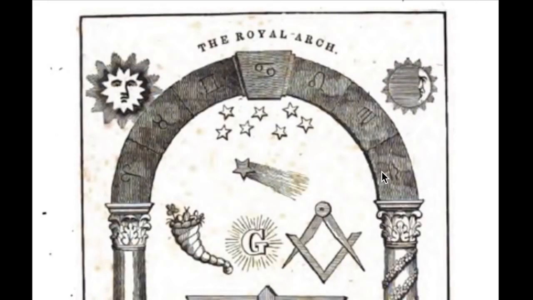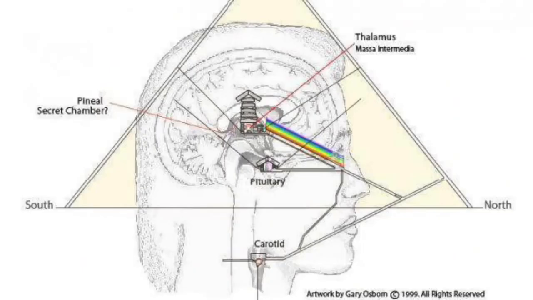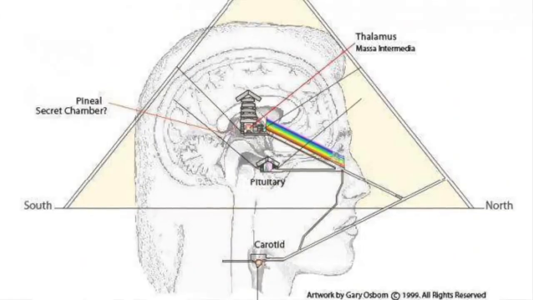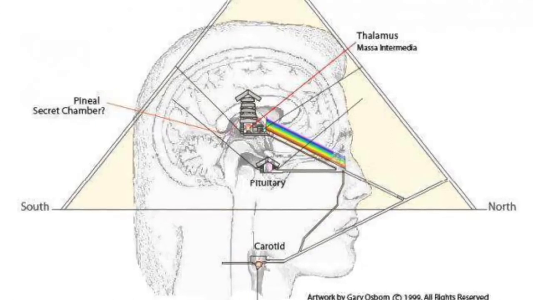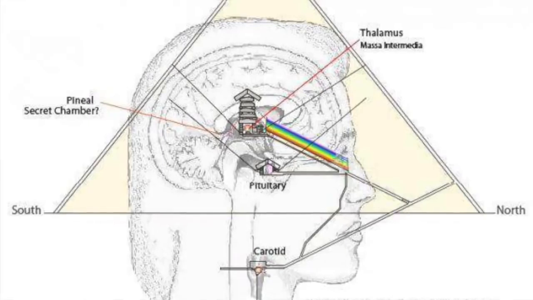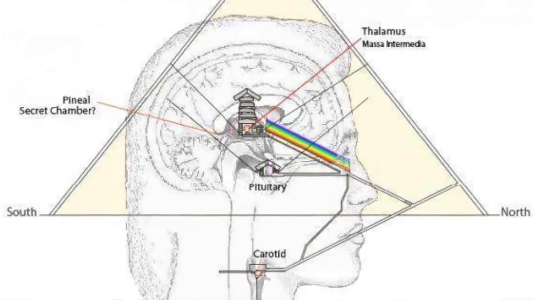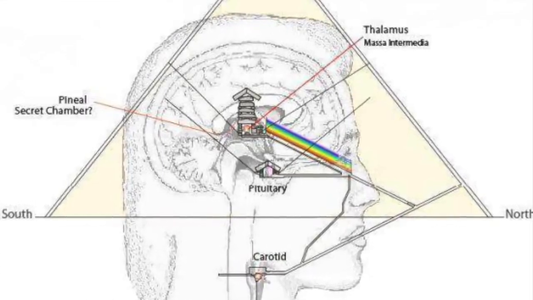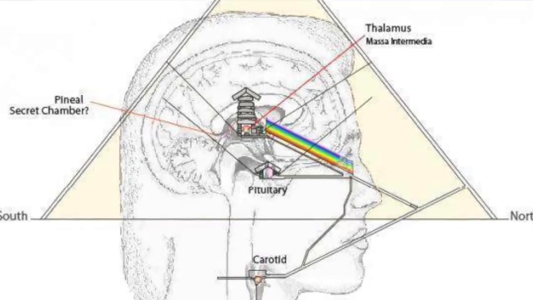Because here in just a minute, I'm going to point out to you why the innermost chamber of the brain, if you overlay the Great Pyramid on top of the brain, the King's and Queen's chamber of the Great Pyramid corresponds exactly to the innermost chamber of the human skull, which is the thalamus and the optic thalamus region where the pineal gland sits.